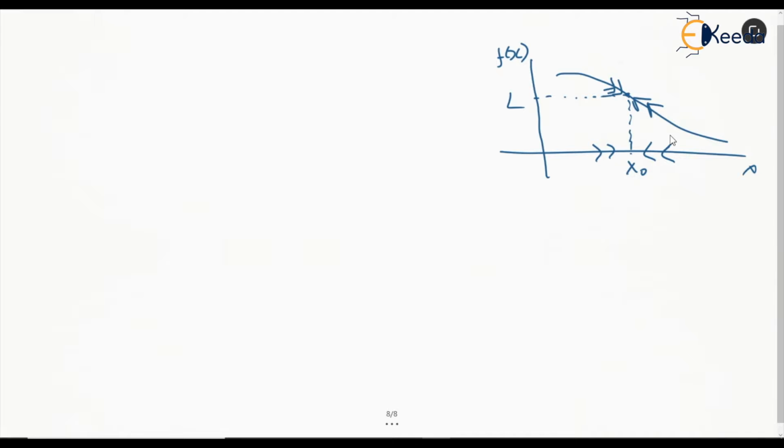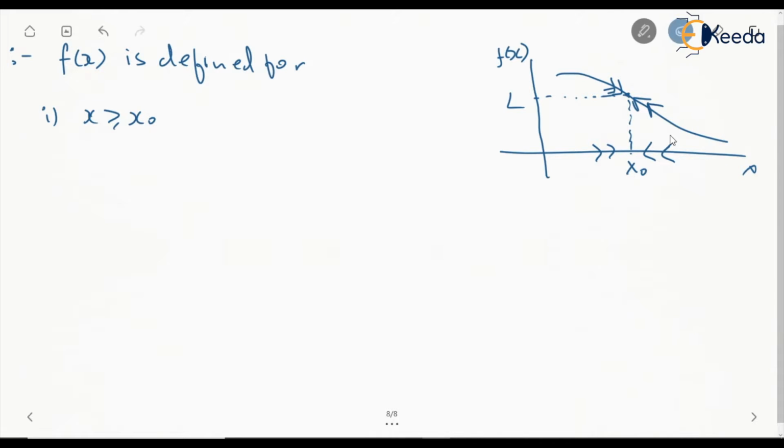Now what if, let's say, the function f of x is defined for x greater than or equal to x naught, or let's not take x naught, let's take some other value, alpha.